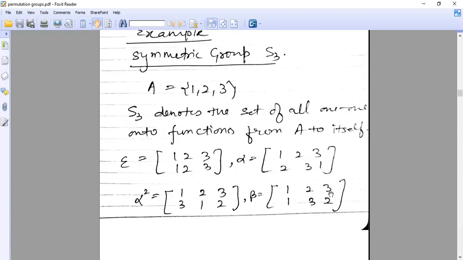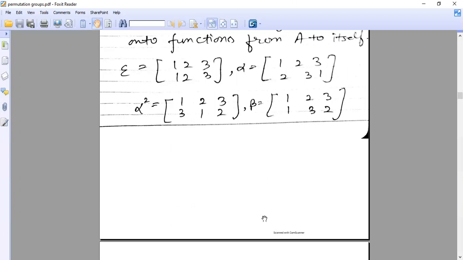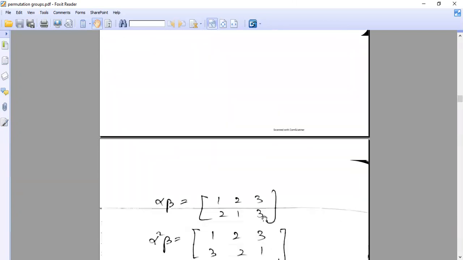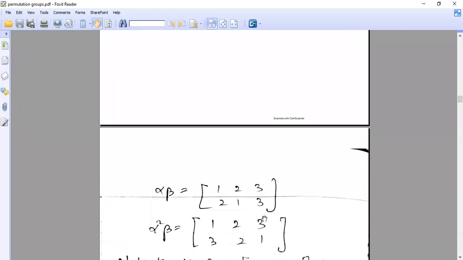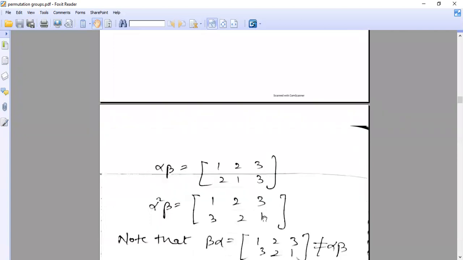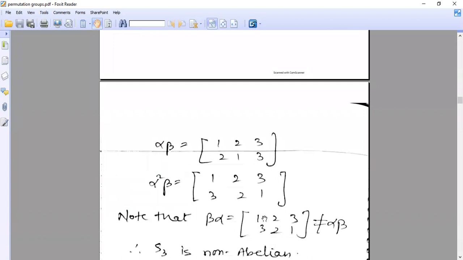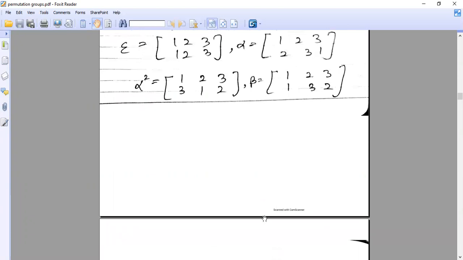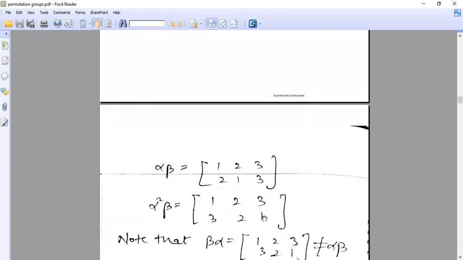So this is a beta. So if alpha is there, beta is there, then alpha into beta should also be there. So next we are taking alpha beta. Then alpha square is there, beta is there, then alpha square into beta, by closure property, that will also be there. So you have identity, alpha, alpha square, beta, then alpha beta and alpha square beta.